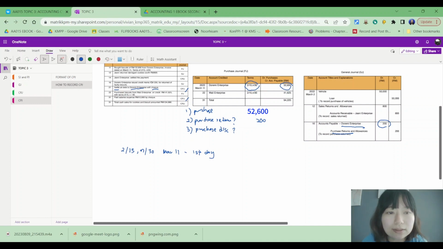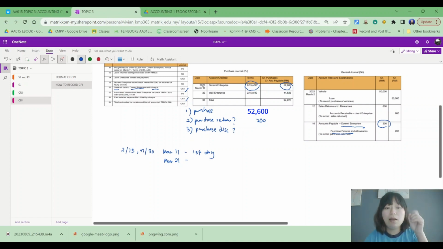When are we going to settle the debt? Okay, on 21st. Okay, 21 hari bulan. So, kita tengok 21 hari bulan tu adalah hari yang keberapa. So, March 11, the date where we did our purchase, that would be considered as first day.